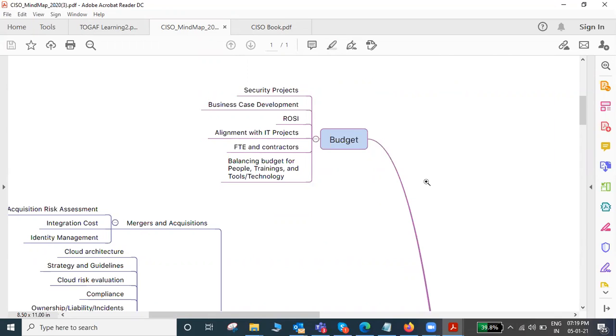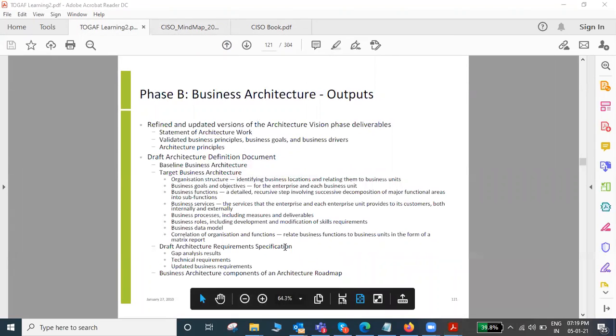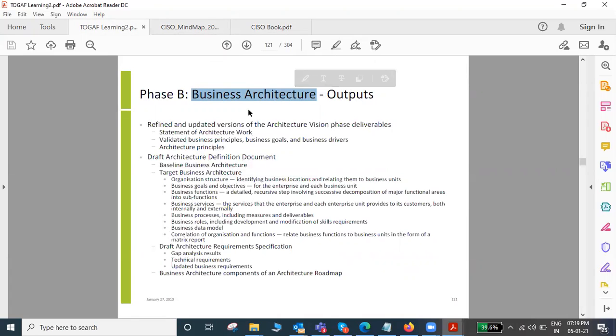I'm going to try to tell you how comfortable, how expert, or how in-depth your knowledge is of all those things, because business architecture is not simple. It's a very complex environment once you work in this field. Business architecture means understanding the business objectives, goals, processes, services, auditing, rules, modifications, skill requirements, architecture and design. Everything is included.